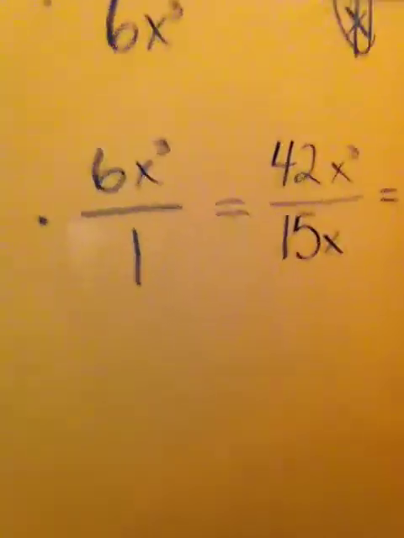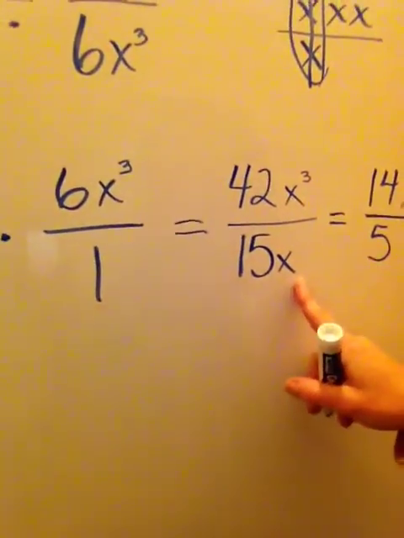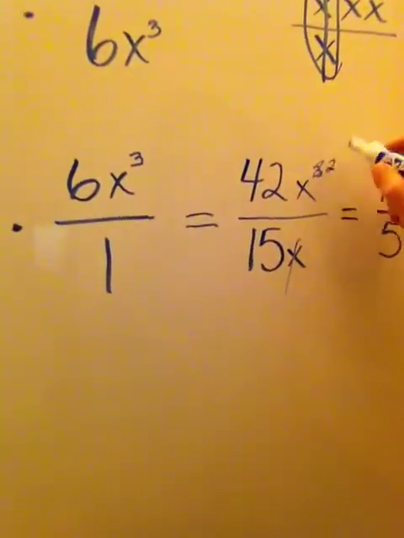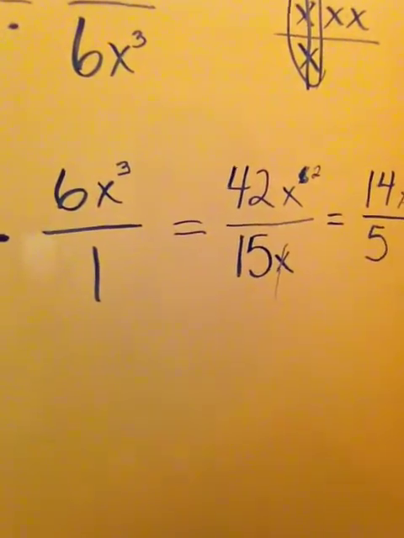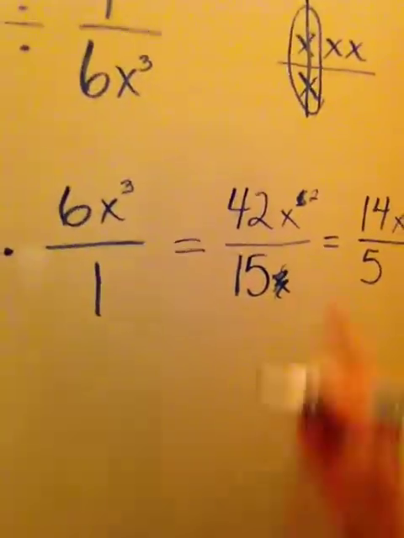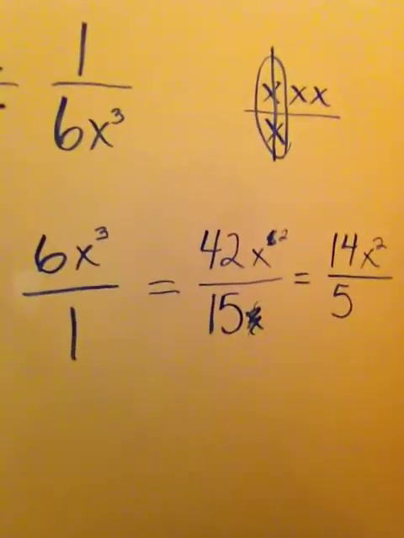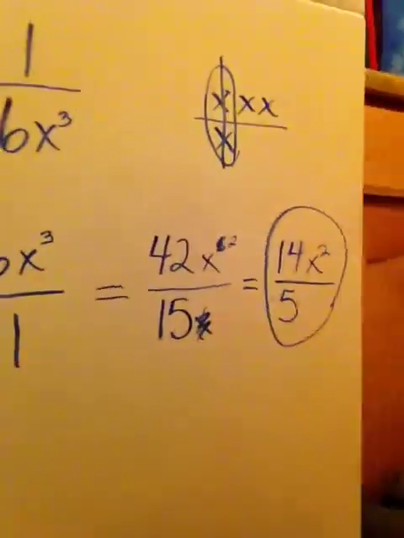Eventually you'll get really comfortable with this and it's super easy. As soon as you see x to the third over x, you know this is going to wipe out one of these up here, leaving just 2 up there. So squared, and this is gone. Then reduce that to 14 over 5, and my x squared.